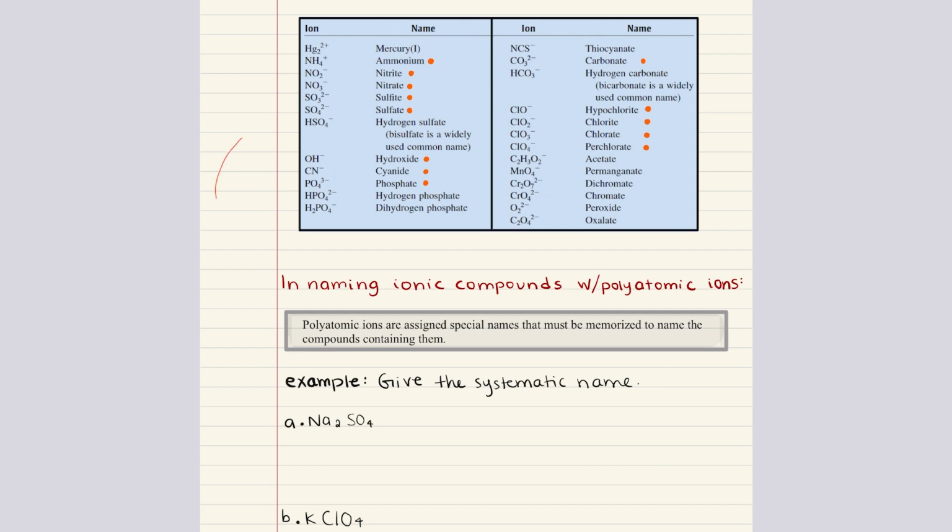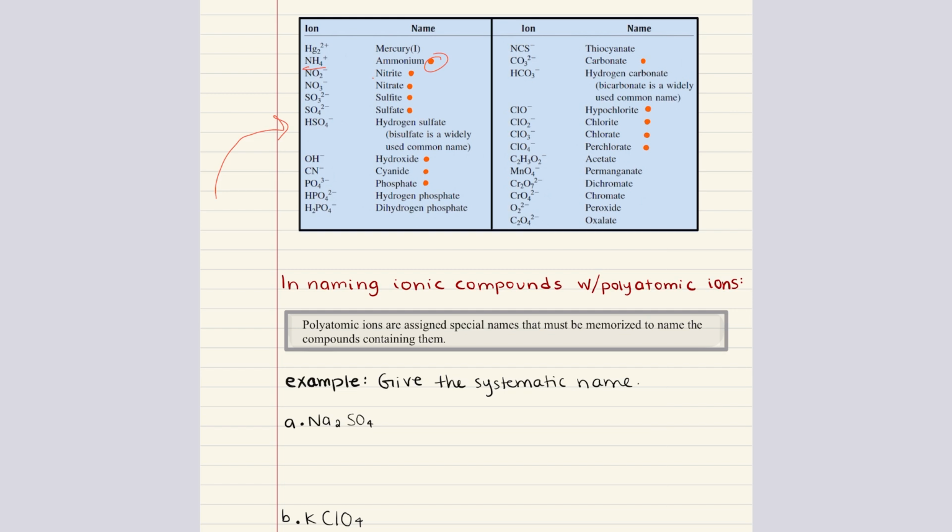Here is a table full of polyatomic ions. If you are a student in my class watching this video, the polyatomic ions that you need to memorize for the course are the ones that are highlighted or dotted in orange. So we need to know ammonium is NH4+.